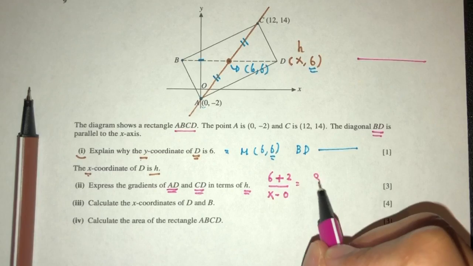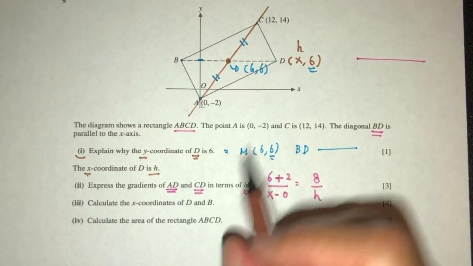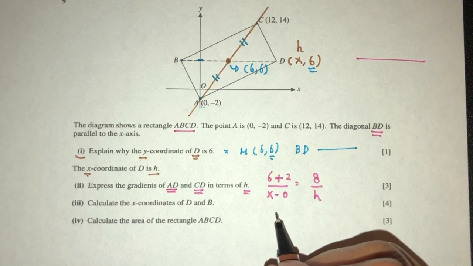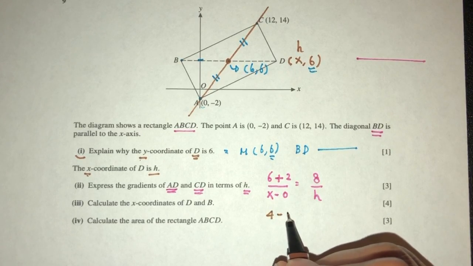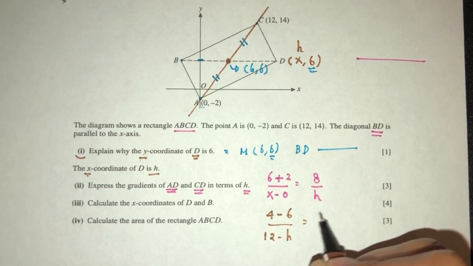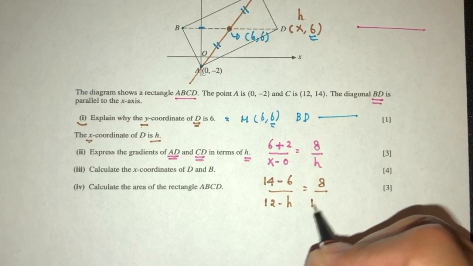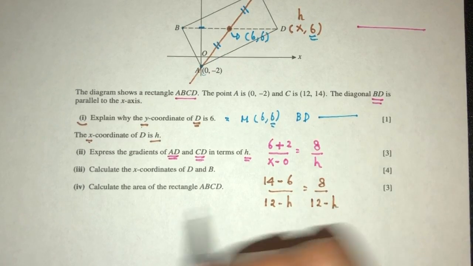That should be 8 over h, because here it is h, the x value. Now CD, same thing, y2 minus y1, so 14 minus 6 over 12 minus h. That should be 8 over 12 minus h.